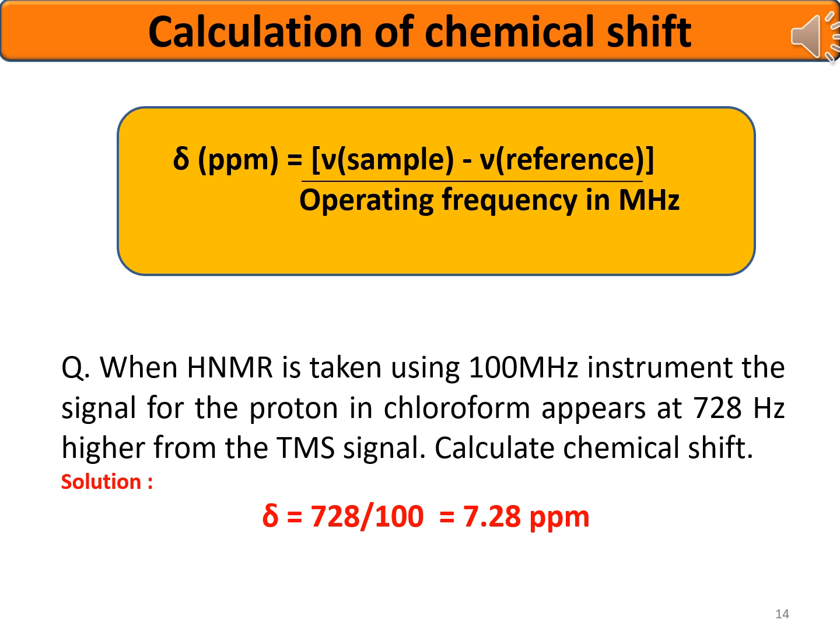Calculate chemical shift. Here, nu sample minus nu reference is given as 728 hertz. So delta is equal to 728 divided by operating frequency, which is 100, which is equal to 7.28 ppm.